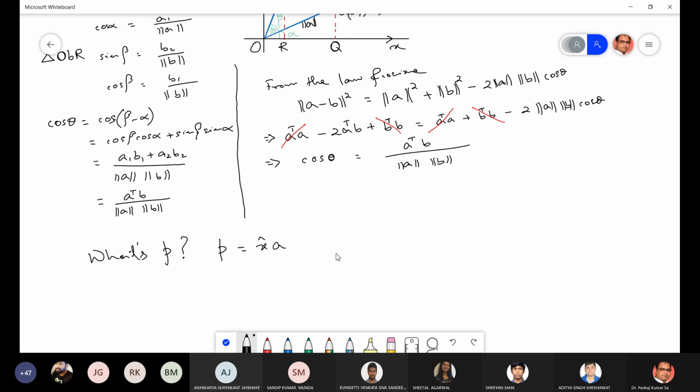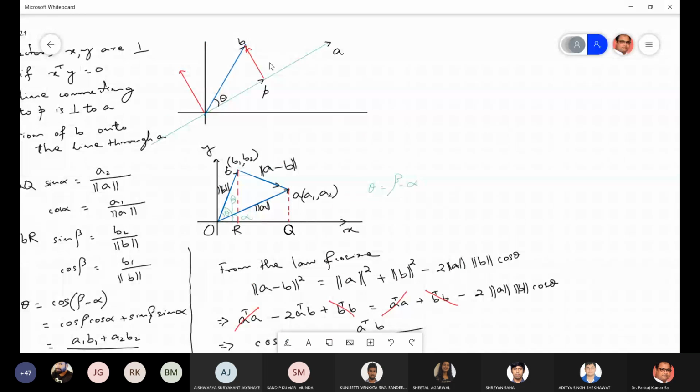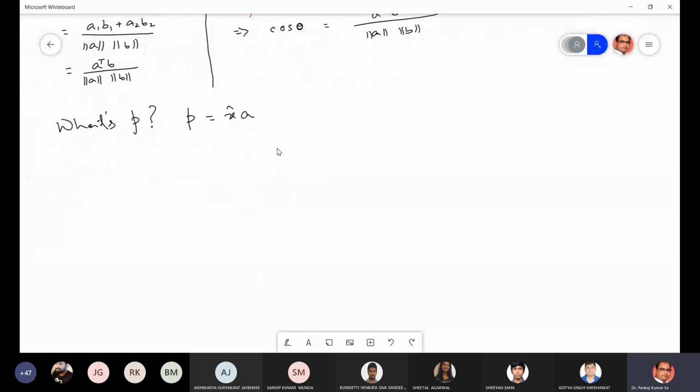So go back to this diagram. Let us say this is the vector C. P plus C is equal to B. So C is equal to B minus P. So B minus P and A are perpendicular.